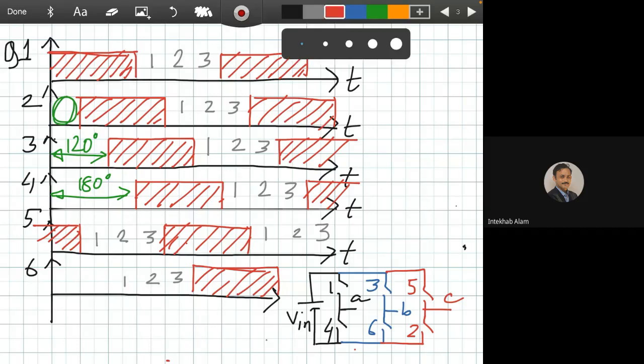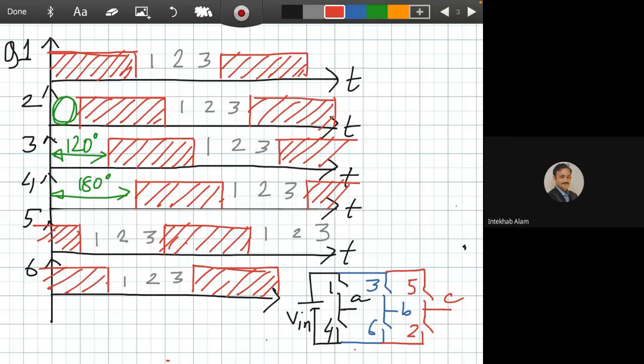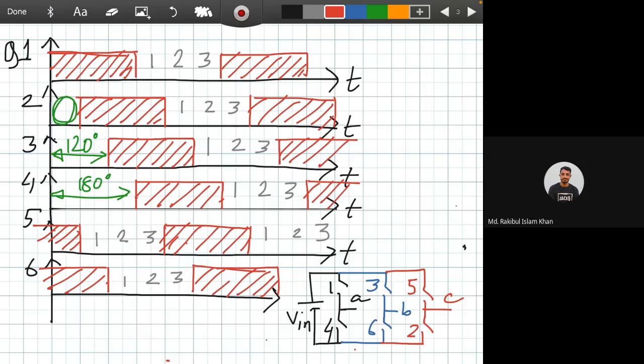So the pulse will start from here. If we take good care of pulse 5 and 6, the pulse will also start from here, at the starting point. Is it okay with you? Yes sir.